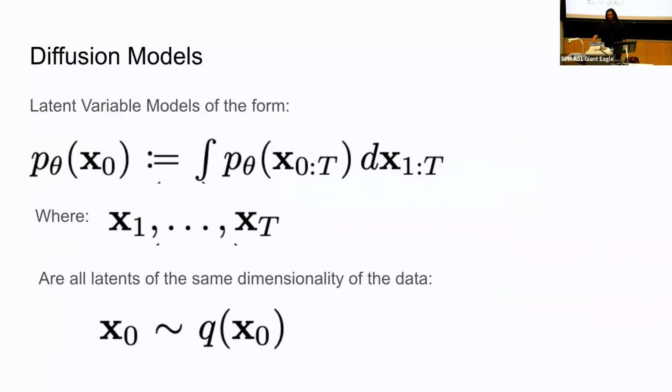All right. So diffusion models are latent variable models of the form p sub theta of x of 0, defined as the integral over the latents. Basically, all the x1 through xt are latent variables, or latents, of the same dimensionality as the data x naught, sampled from the distribution q of x naught.